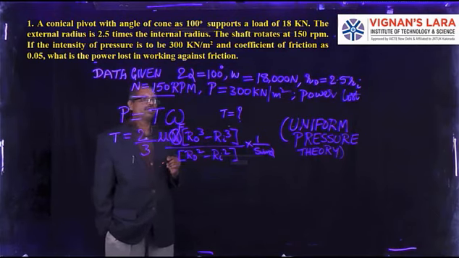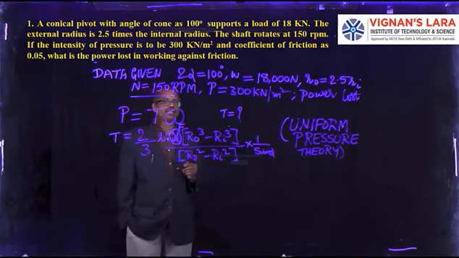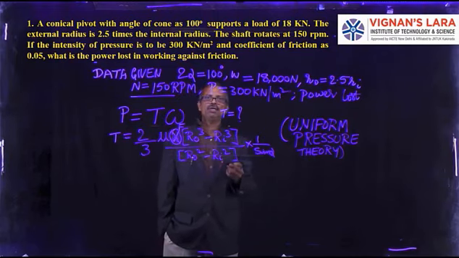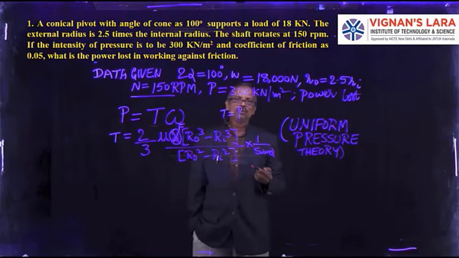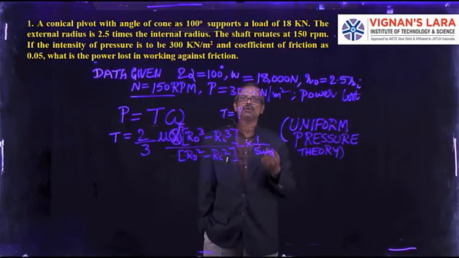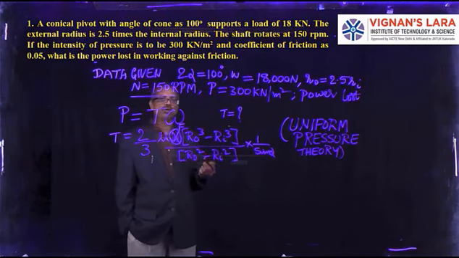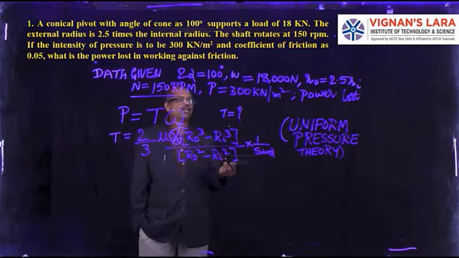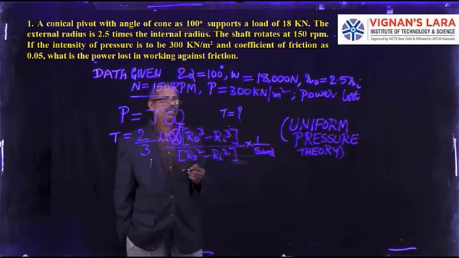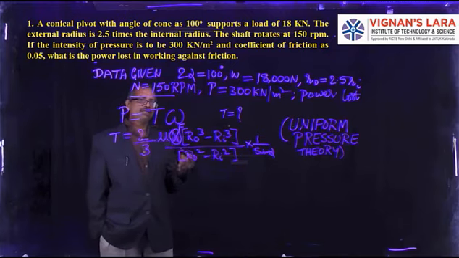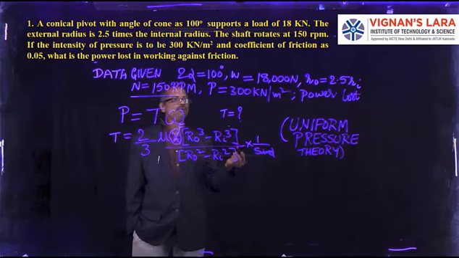In the case of clutches, we go for uniform wear theory. Why? Because the power transmitted is assumed less, and if really more power is transmitted, then no problem. But in the other way, if the assumption is that power loss is less and really it is more, then it is a problem. So here I use uniform pressure theory, keeping in mind that if I assume more power loss and really it is less, then no problem. That is why I use uniform pressure theory.